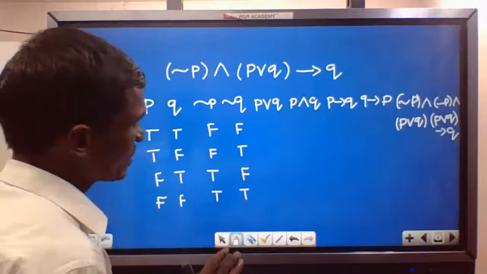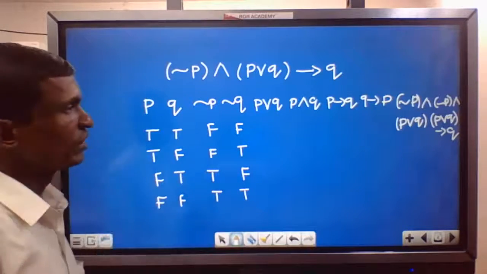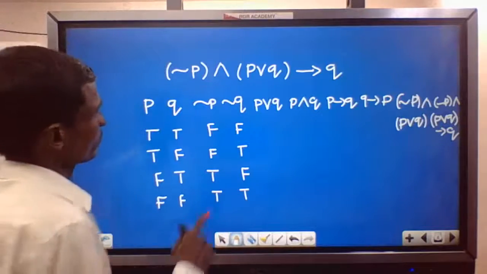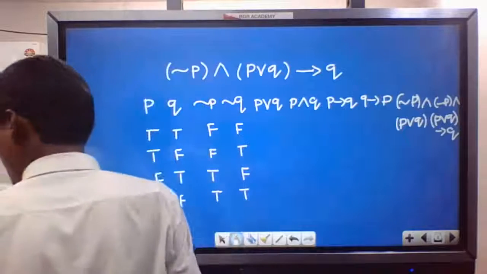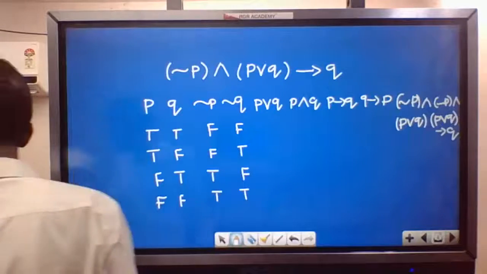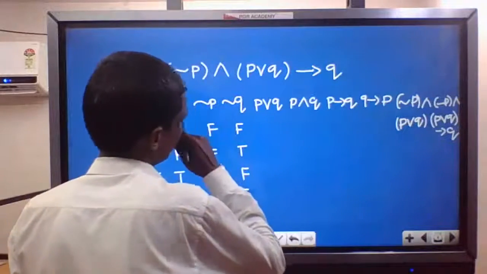Or otherwise, we give the input initially true, true, as P OR Q. The symbol V is nothing but the OR gate.